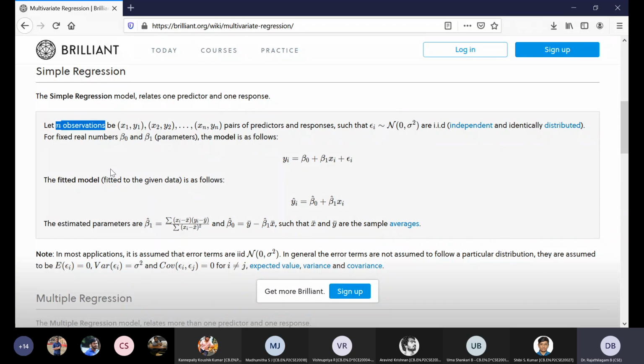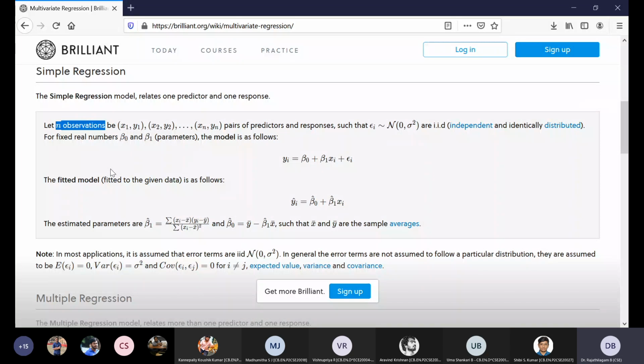Epsilon is some error. It is given for every data point, which is why it is i: the first data point, second data point, third data point. The error represents the vertical distance of this data point from the regression line. So the parameters are beta 0 and beta 1.